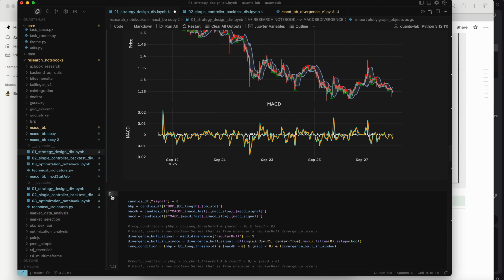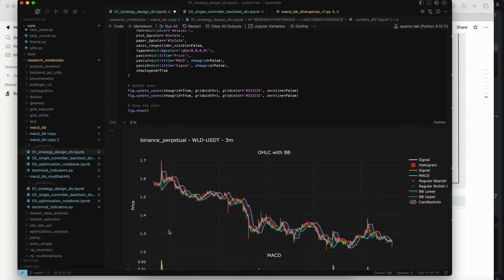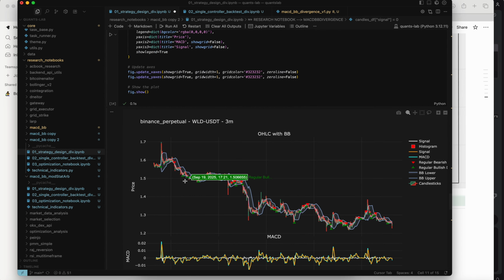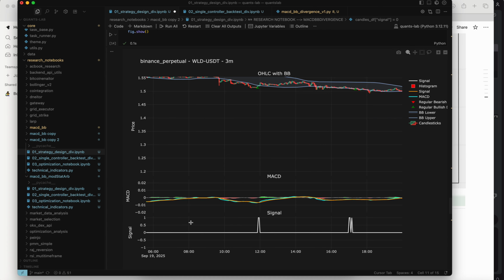Let's go to the next one with the signal. So we plot it out as this arrow. Green is bullish divergence and red is bearish divergence, and then the signal here is 1, 1, negative 1. So let us look at this signal 1 with a bullish divergence. So here the signal indicates 1.